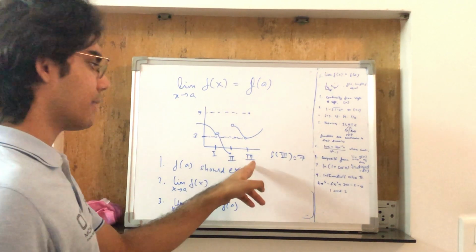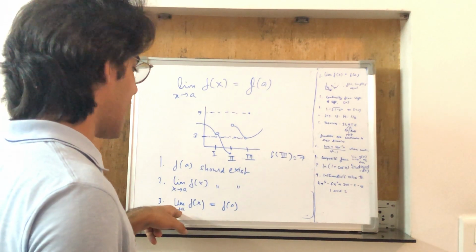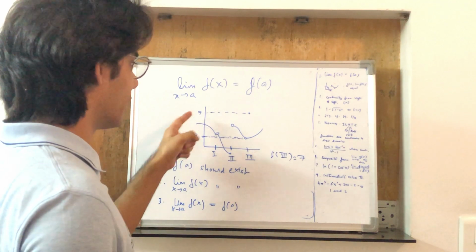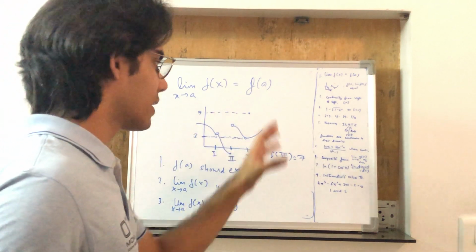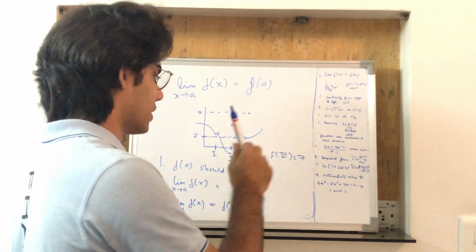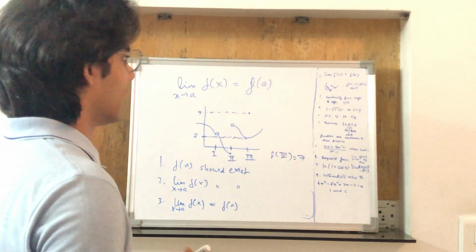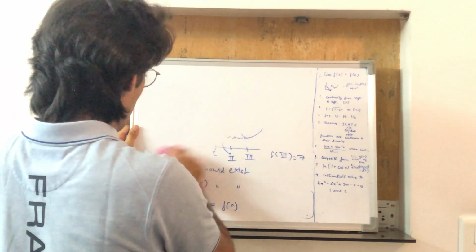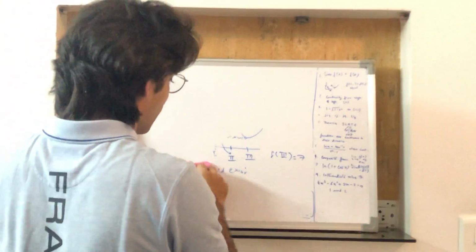So at 3, f of 3 should equal the limit when x is approaching 3. For this function, they should be the same. However, they're not the same. So this piecewise function that I just drew here is not going to be continuous at all 3 points. All right. Now there's another concept that emerges, which is continuity from the left and right hand side.